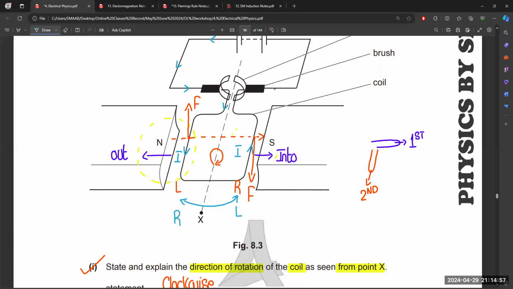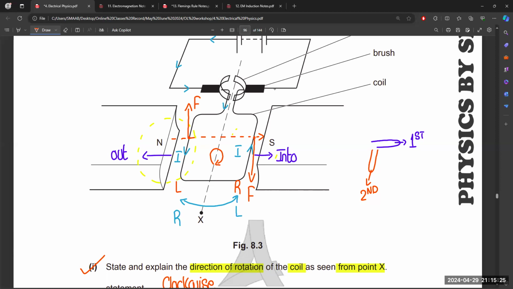Now the direction of current changes in that side. And the left hand side is now moved towards the right hand side, and the direction of current for this left hand side, as compared to the original position, is also changed.